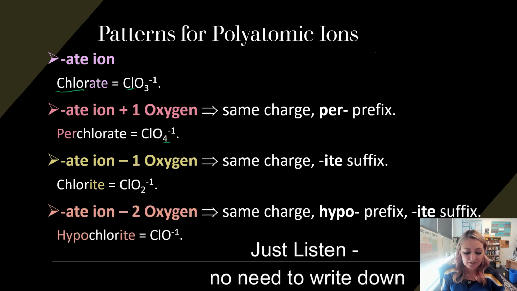And finally, if we take our original base chlorate and take away 2 oxygens, again, the charge is the same for all of these, but we're going to put a hypo- prefix along with our -ite suffix. So both the -ites are showing a decrease in oxygen. ClO, or 2 less than the original base, would be hypochlorite.